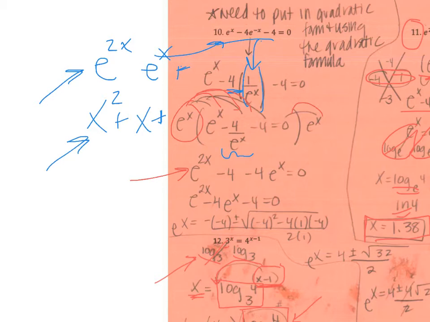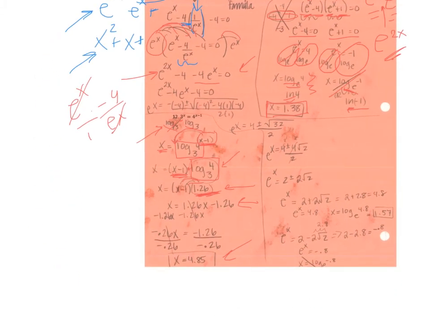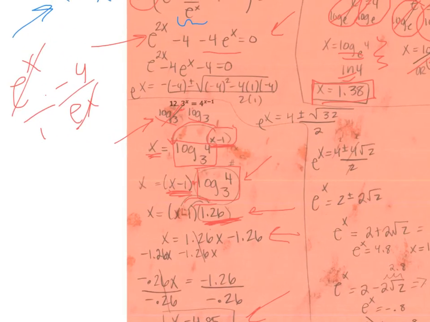When you have e to the x times -4 over e to the x, the e to the x is canceled, that's why you get -4, and then -4 times e to the x is -4e to the x. So we end up right here, which is similar to one of the last problems we did.